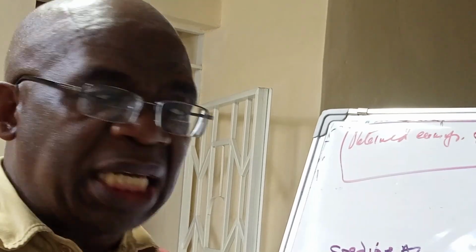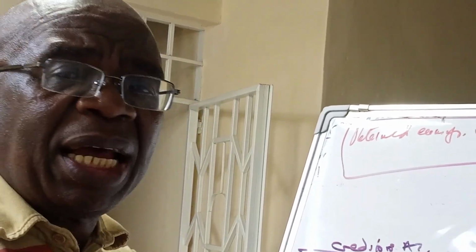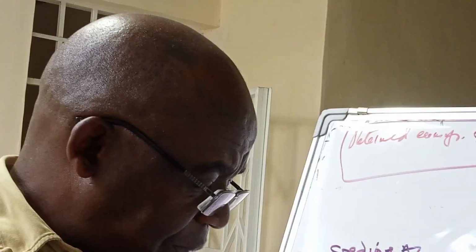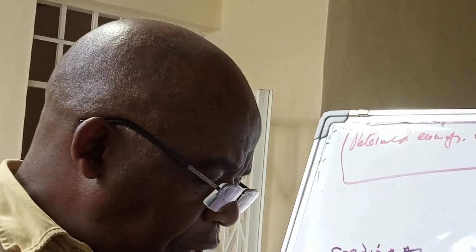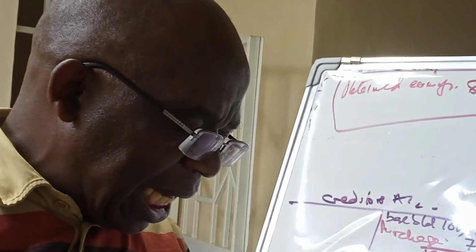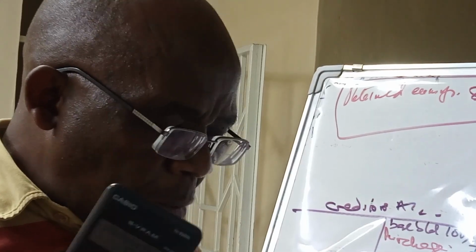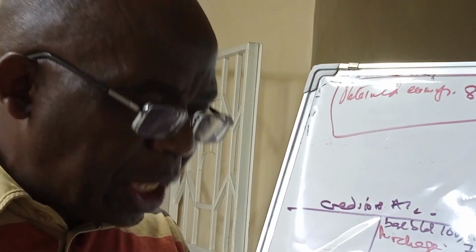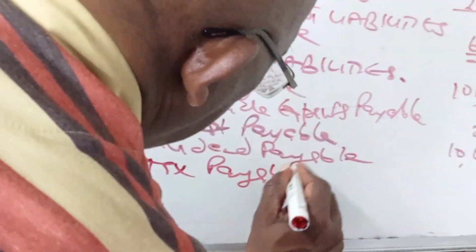Provision is to be made on outstanding debenture interest and corporation tax of 22,975. So we say tax payable, 22,975.